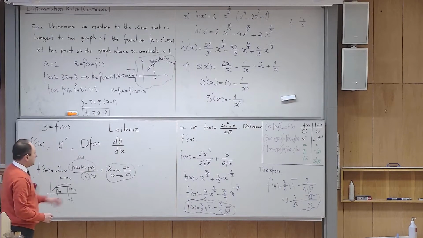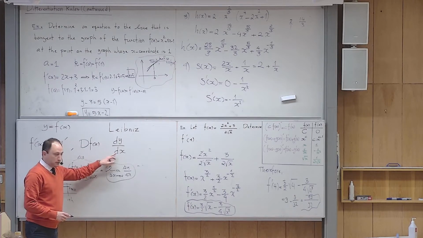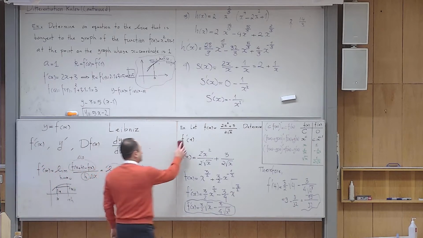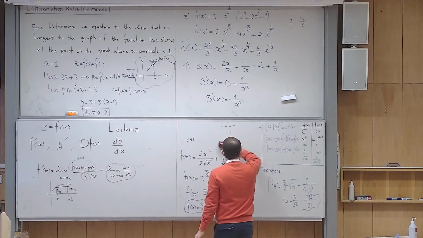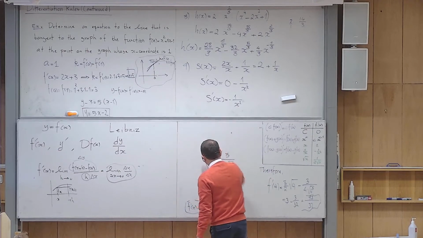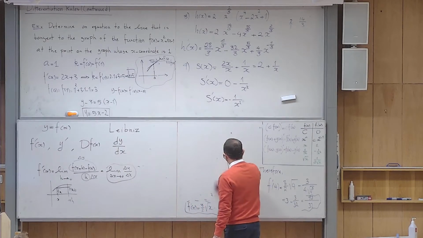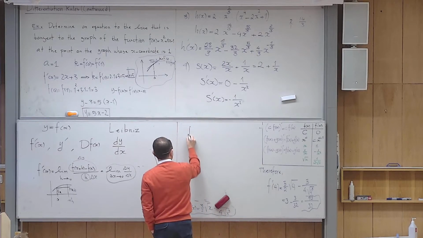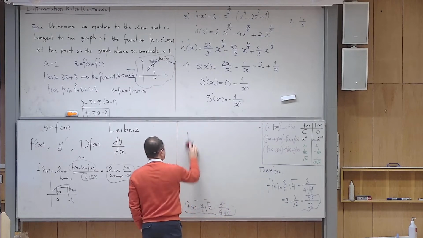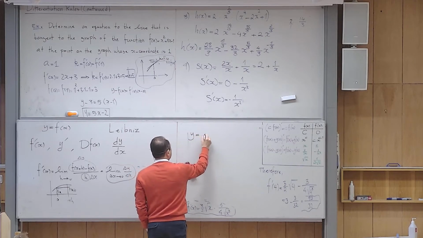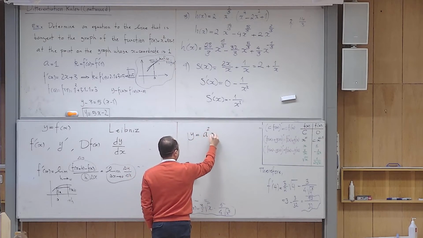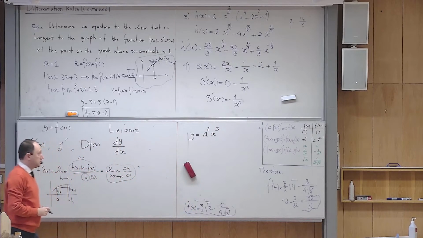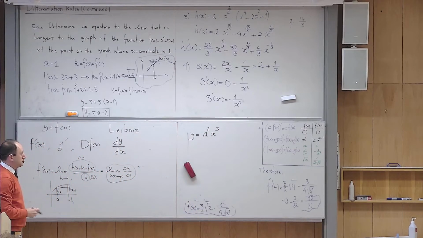But there is something more to it. I want to talk a little bit about the Leibniz notation here. You see, if I give you this function, and by the way, listen to this very carefully, y equals, I give you two variables here, a squared, x cubed, they are multiplied.